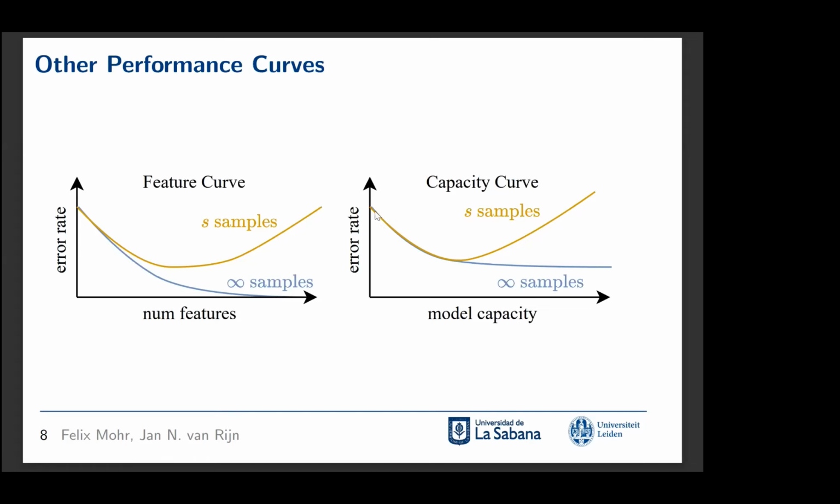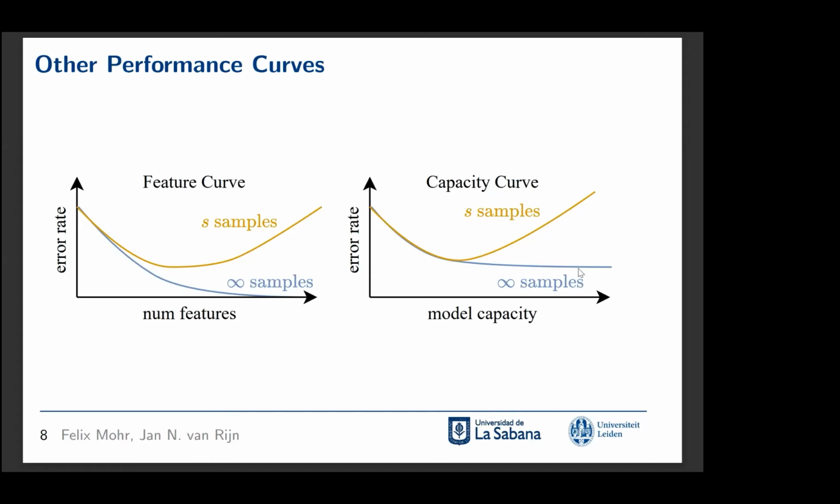We can at first improve a bit, but then the model complexity becomes too large and the performance will deteriorate again. Again, if we have an infinite number of samples, then we don't have this problem.